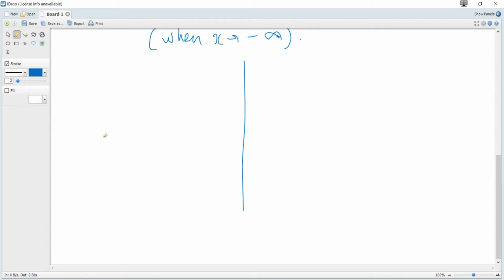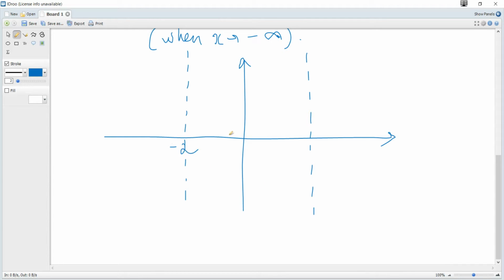So there are two vertical asymptotes at -2 and 2, and there are two horizontal asymptotes, -1 and 1, and the axes y, x.